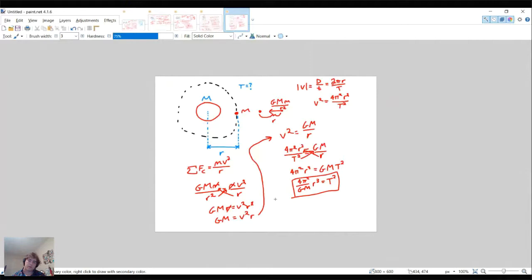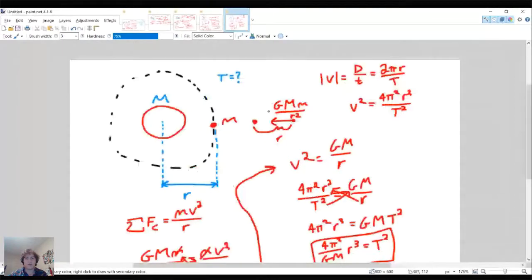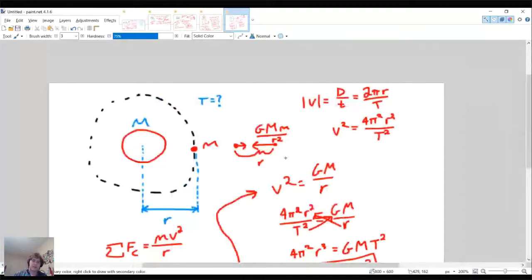Because we have time, I'm going to do a little extra bonus question. The assumption we made here is that there's also an equal and opposite force on the sun, Newton's third law. So they both pull each other. So why can we make the assumption that the second mass stays stationary, that the planet moves in a perfect circle?